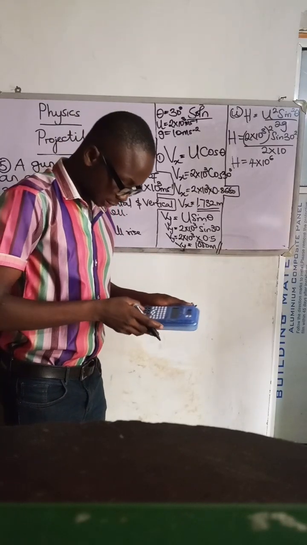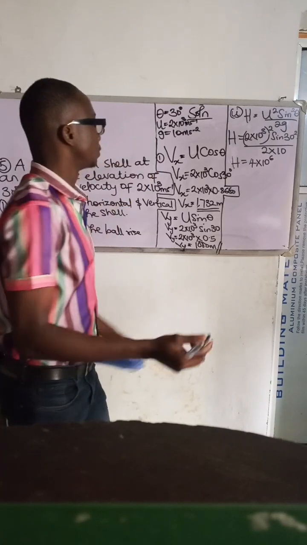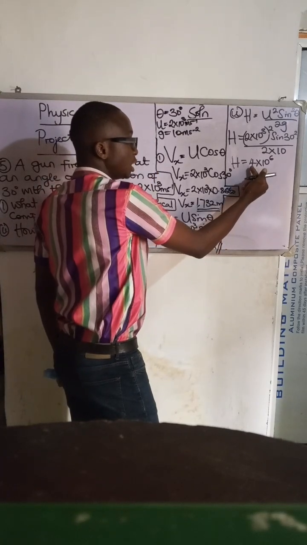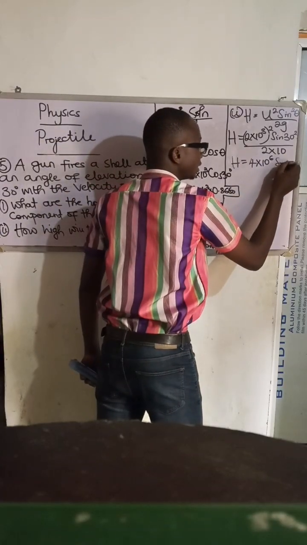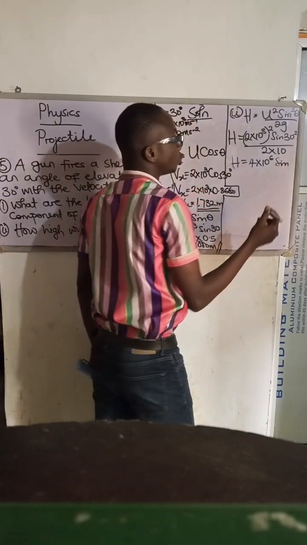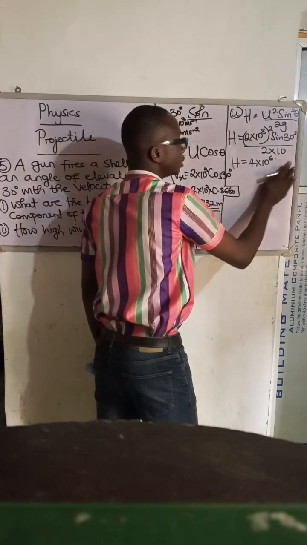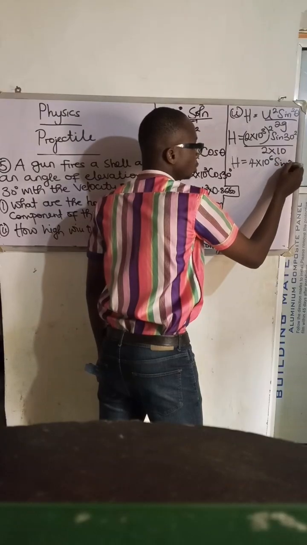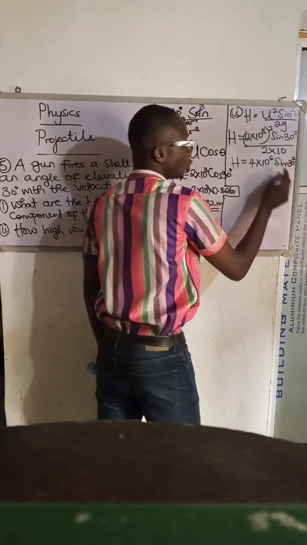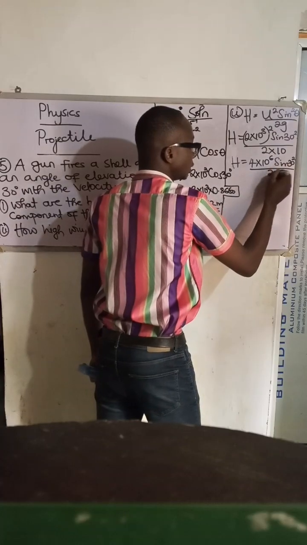So 4 million in standard form is 4 times 10 raised to the power of 6. Then times sine 30 squared, let's just write sine 30 so it will not be confusing, all over 2 times 10, which is 20.